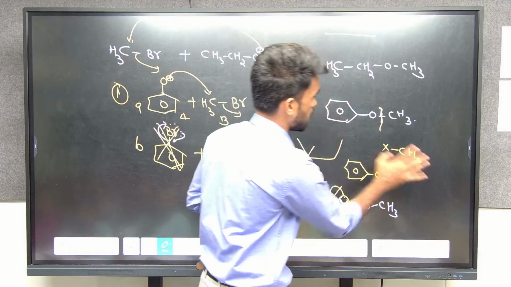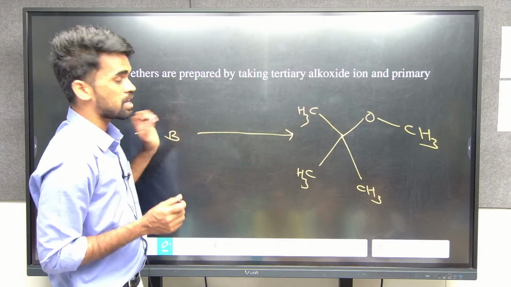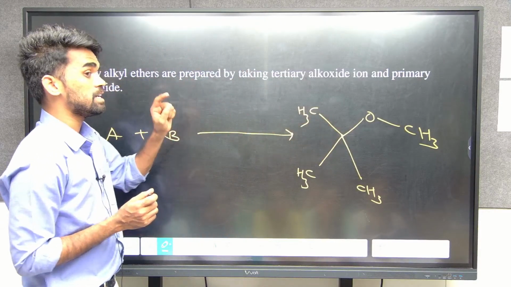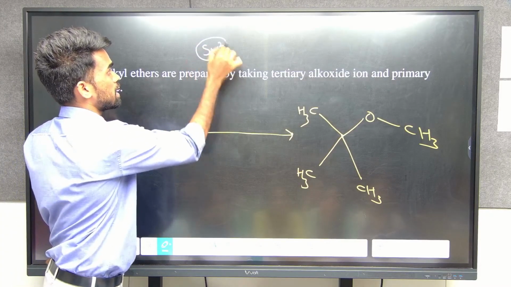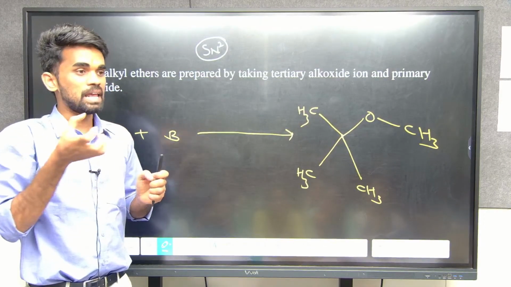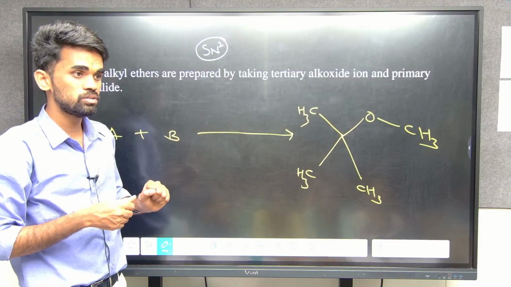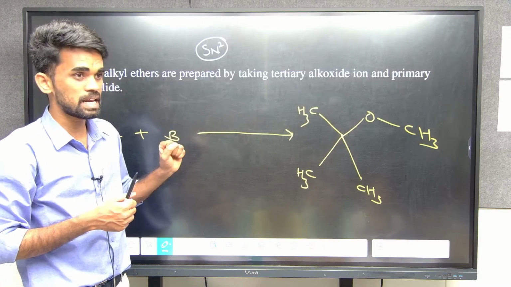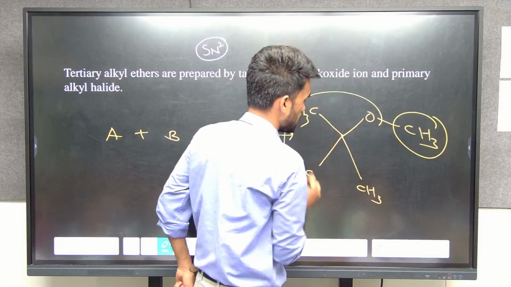The next concept here: I am asking which is the alkyl halide and which is the alkoxide ion. Tell me, what is the mechanism followed in Williamson ether synthesis? SN2. What is the reactivity order of SN2? Primary. It means our alkyl halide should be primary. So which side should I break now? Which should I consider as the alkyl halide? This should be the alkyl halide, this should be the alkoxide.